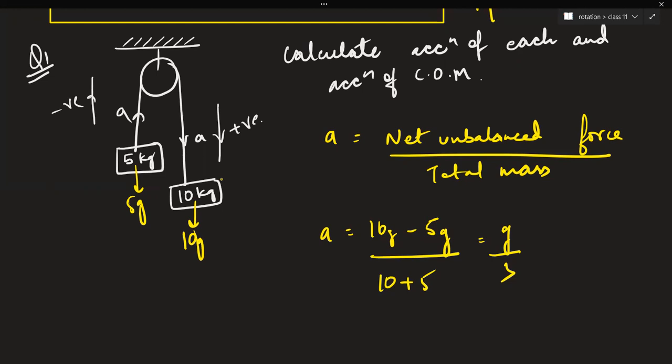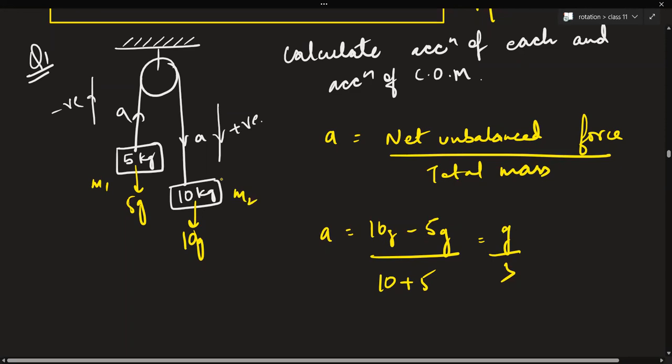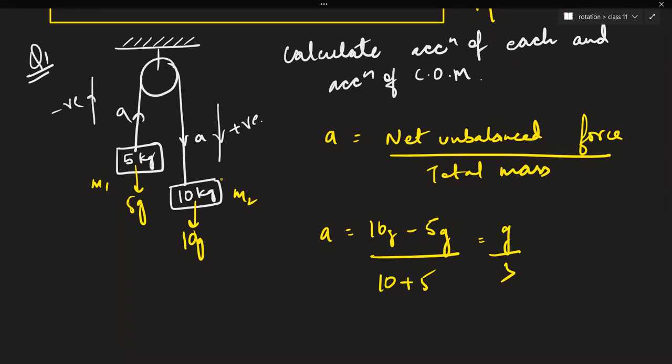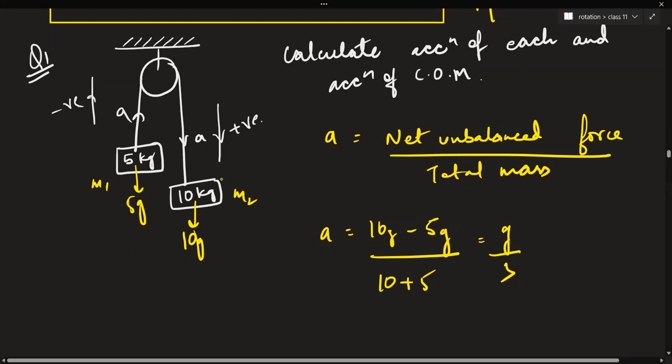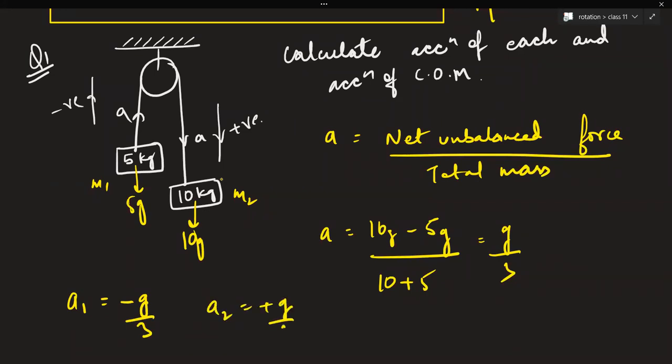So for this body, first one, let's say this is M1, this is M2. For M1, acceleration is upwards, and upwards I have taken as negative. So it means acceleration 1 will become minus g by 3 and acceleration 2 will become plus g by 3.